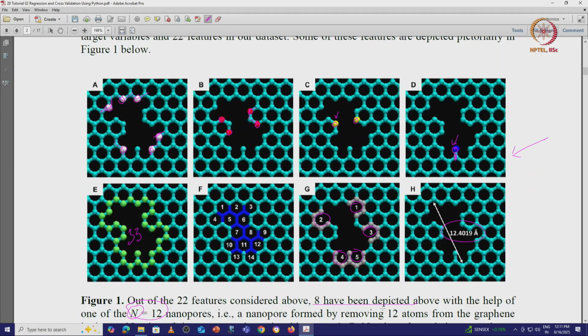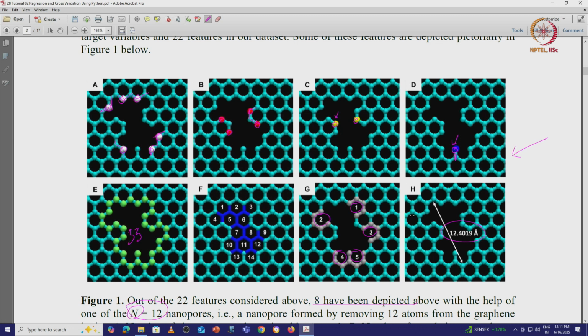Right, we are basically trying to featureize nanopores in two-dimensional materials. Now this is where your expertise as a core engineer is going to come in, whether you are a chemical, materials, mechanical, aerospace, civil, electrical, or biochemical engineer, right.